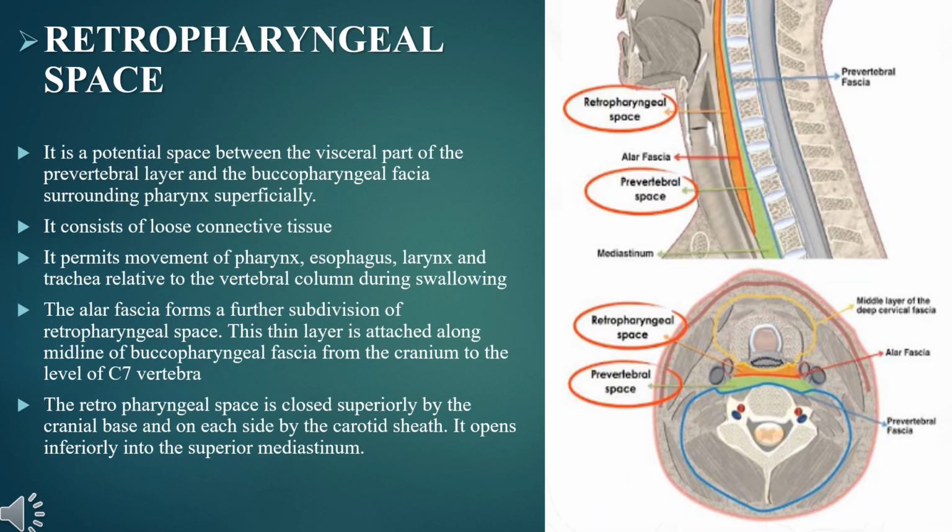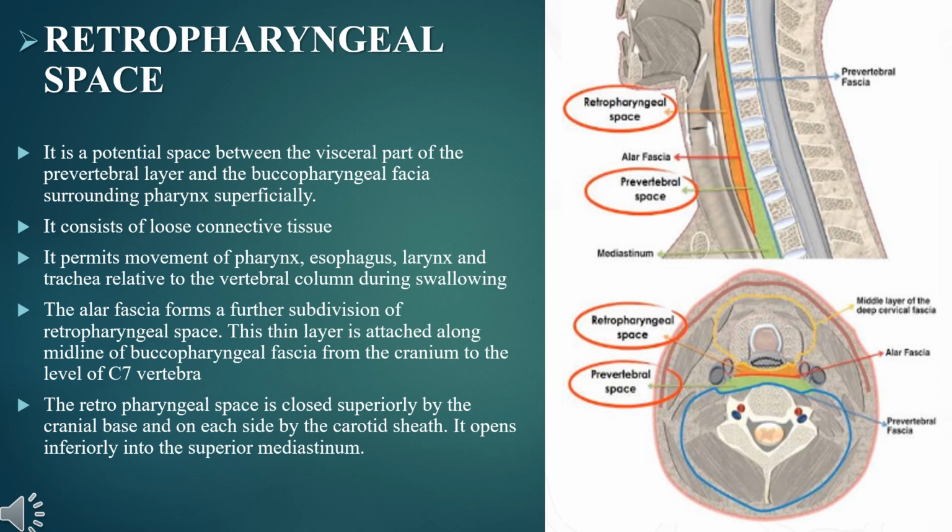Now the retropharyngeal space. It is a potential space between the visceral part of the pre-vertebral layer and the buccopharyngeal fascia surrounding pharynx superficially. Buccopharyngeal fascia you will read in detail with the pharynx.